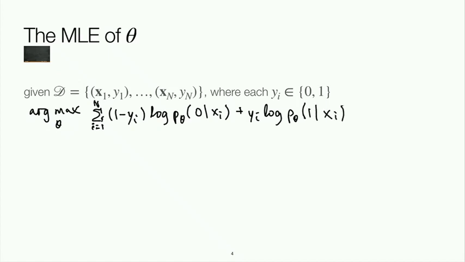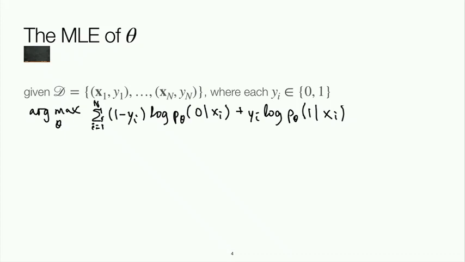Remember we worked out how to derive this expression, but if you look at it, it makes a lot of sense. What is yi? Yi is either 1 or 0, the only 2 values it can take on. If yi is 0, then this whole term is 0, and I'm left with 1 times the log probability of 0, which is great, because that's the label I have for that data point i.